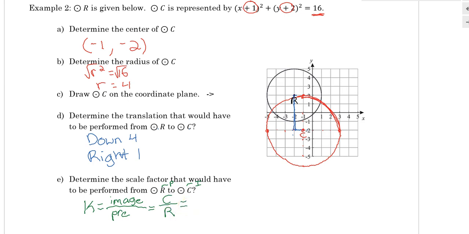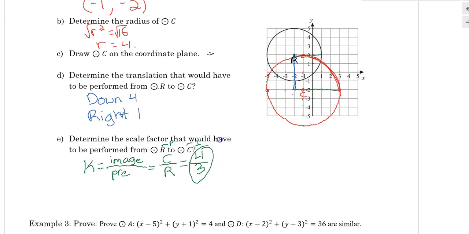The radius of C is 4, which we found up here. And then my radius of R, I go 1, 2, 3. So 4/3. Or C is 4/3 the size of R, which again makes sense. It's greater than 1, and the circle C is bigger.